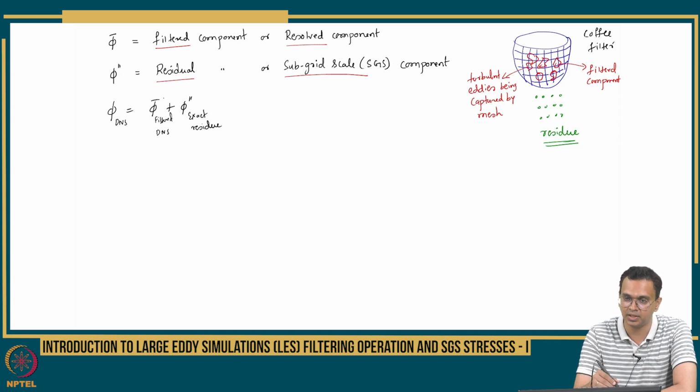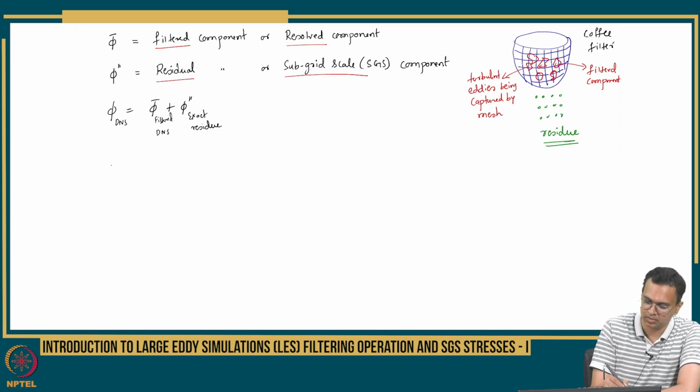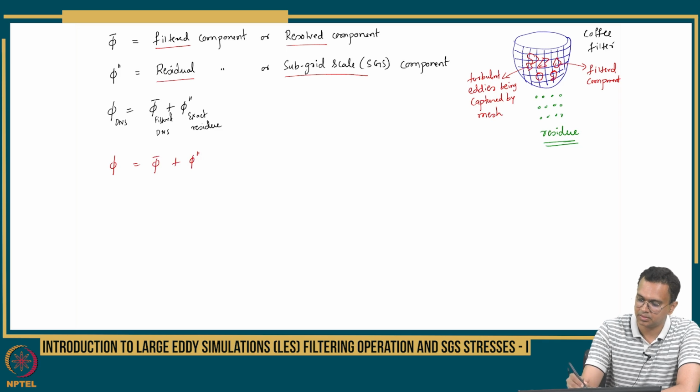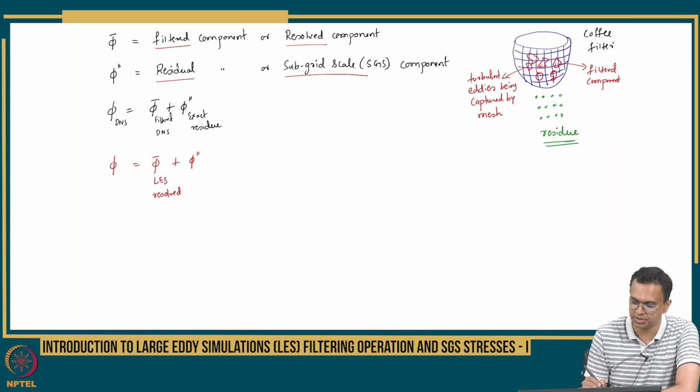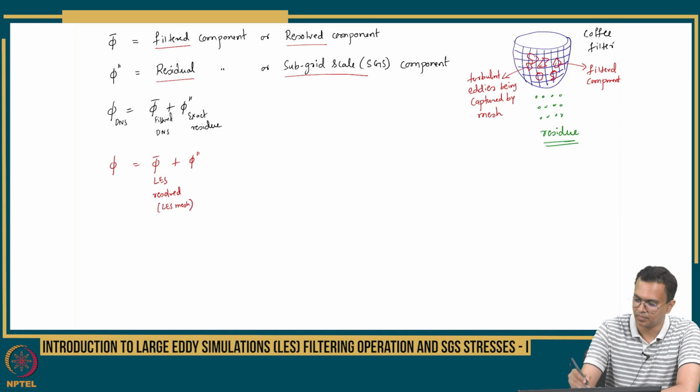You have access only to the phi bar in LES, which is LES resolved. That's the difference between filtered and resolved. So in LES I can write here, phi will be phi bar plus phi double prime. Then this particular component, phi bar, will be your LES resolved, captured by your LES mesh.